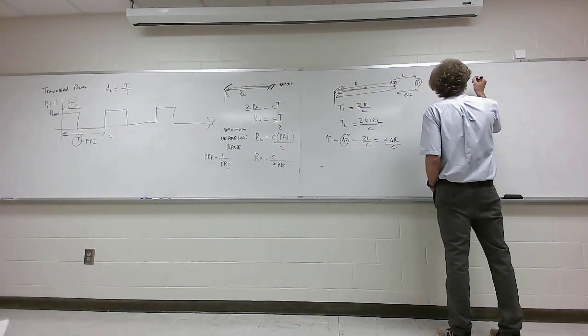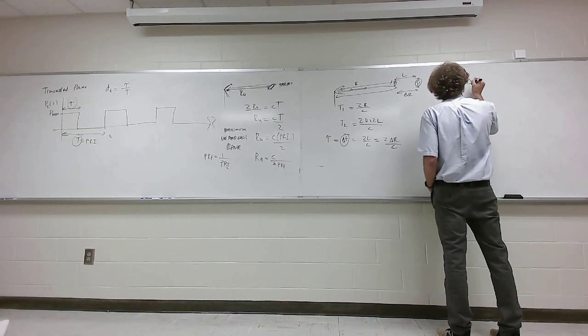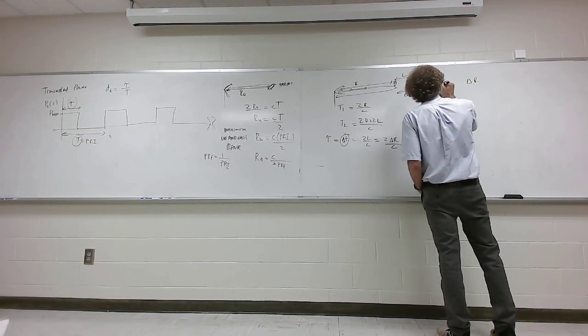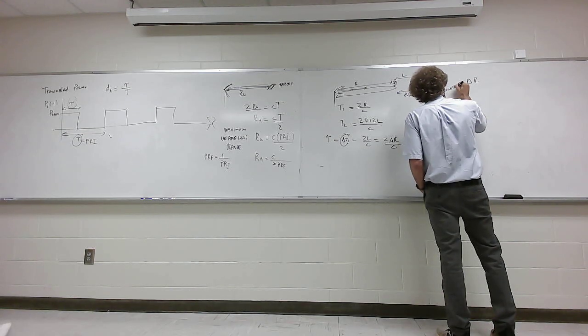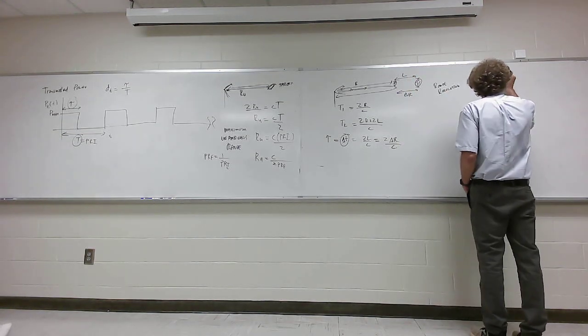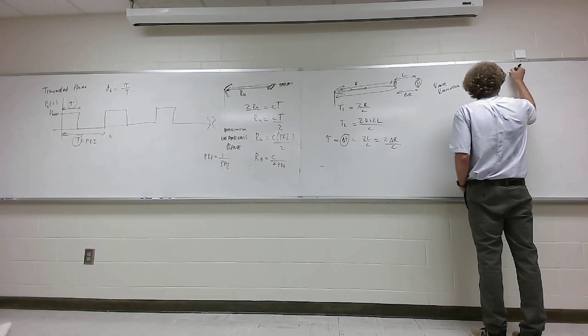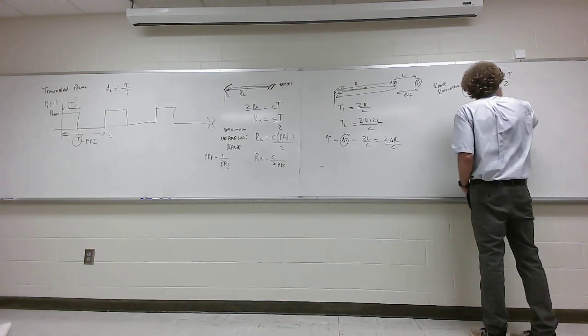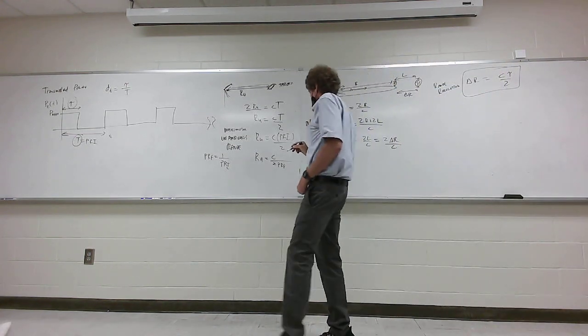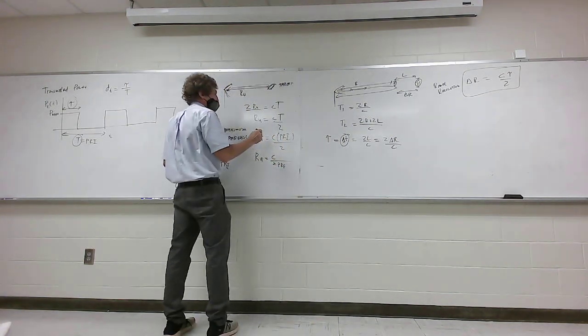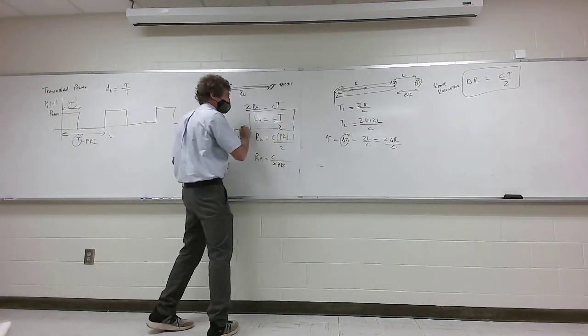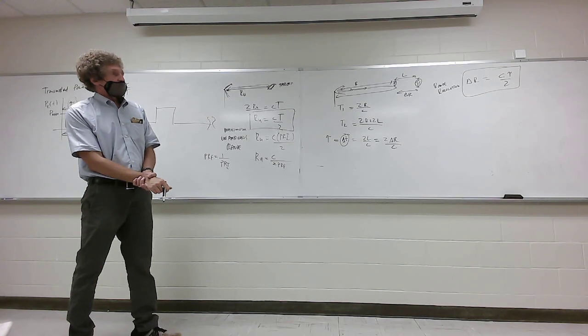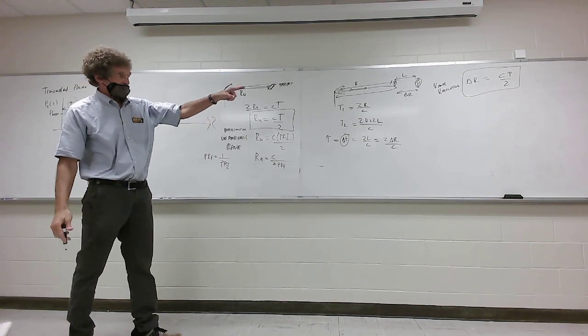And therefore, delta R, just write this down, range resolution is equal to C tau over 2. And if you look at that compared to this, they're the exact same form, only instead of T, it's tau.